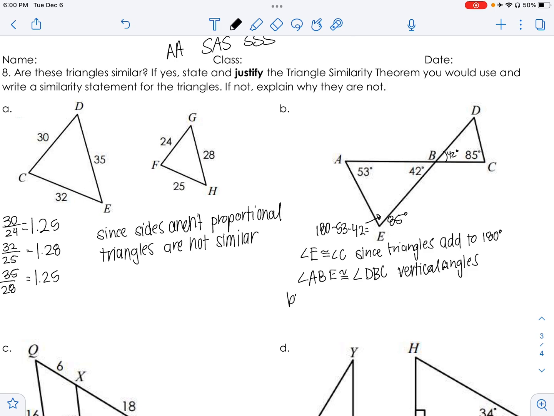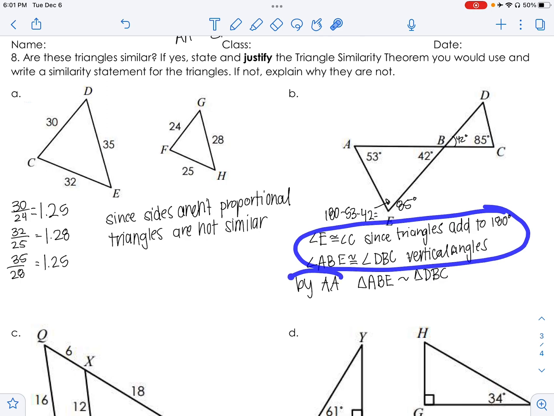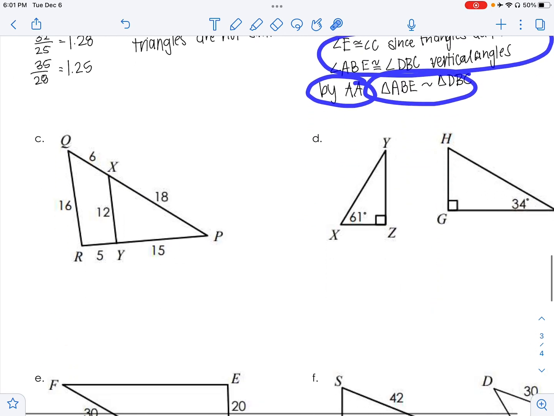So by the angle similarity theorem, triangle ABE is similar to triangle DBC. So the justification is right here: the similarity theorem and the similarity statement.